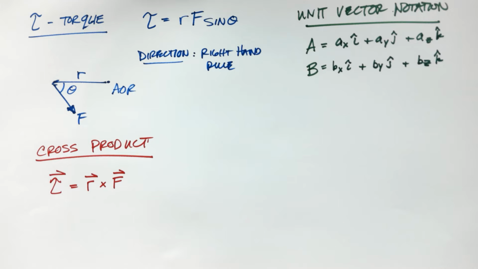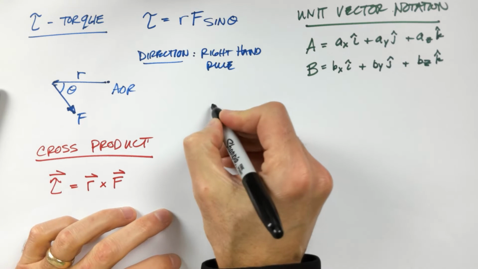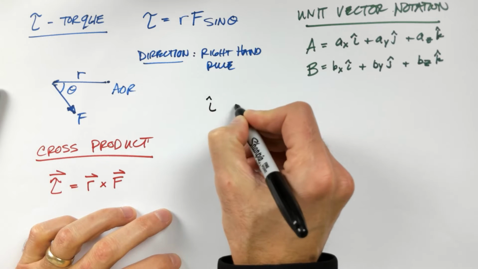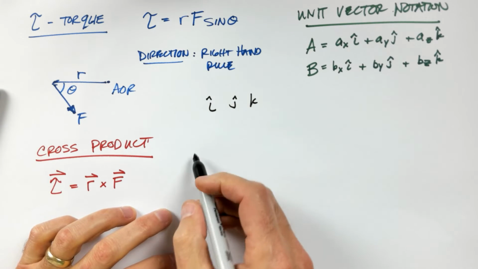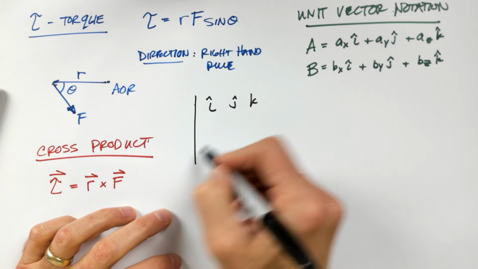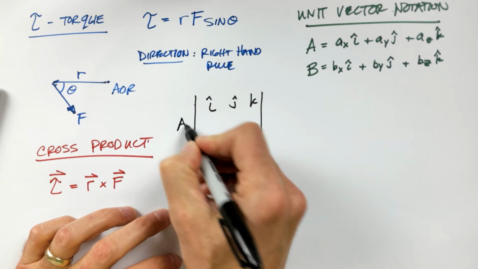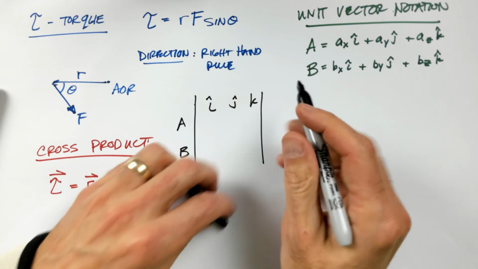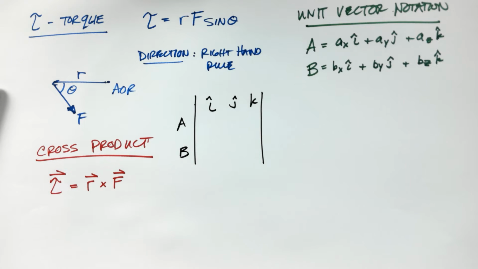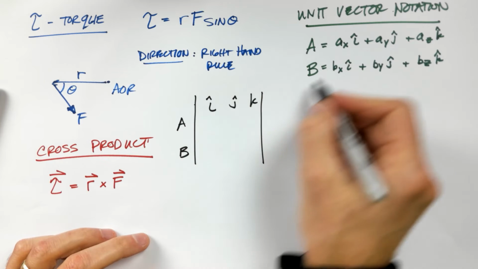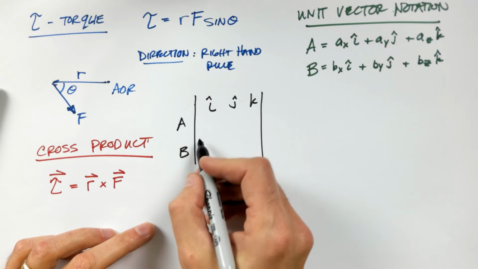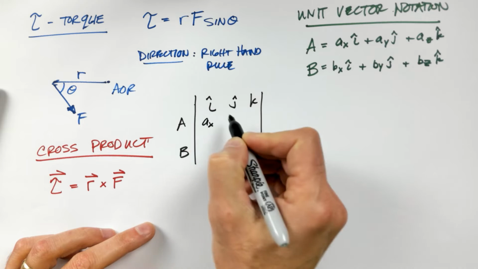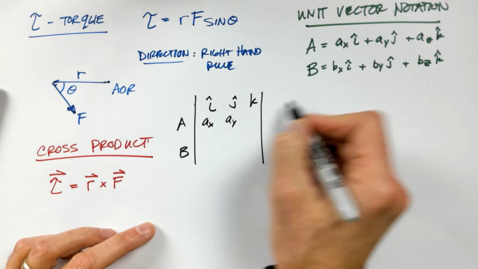What that determinant matrix will look like is this: we're going to look at each of the i, the j, and the k directions, and we will create a matrix for A and for B. So I'm going to take the i component of the A vector, which would be A_x, and then I have A_y and A_z.